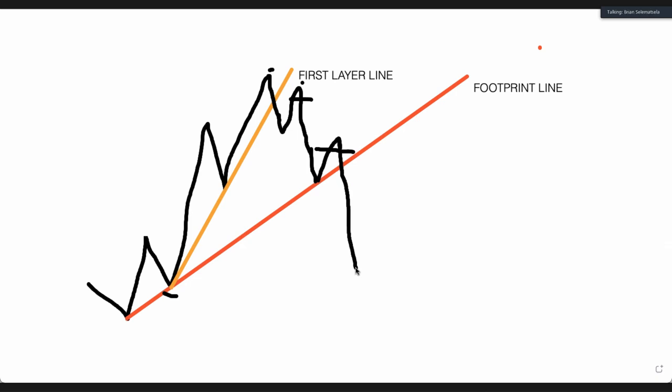And make sure you get to a point where you're starting to see the structure. When I say you're starting to see the structure, I mean you're starting to see the footprint and the first layer.